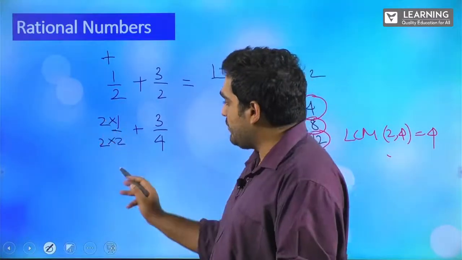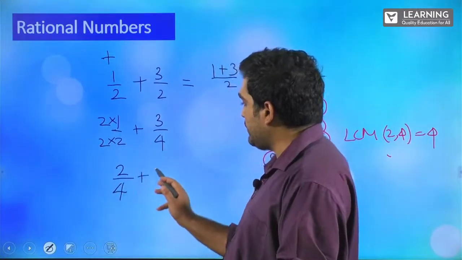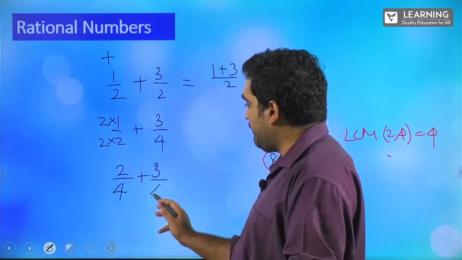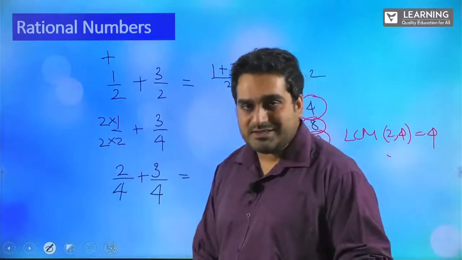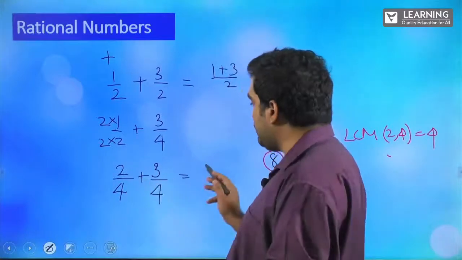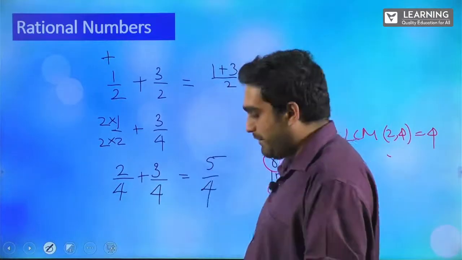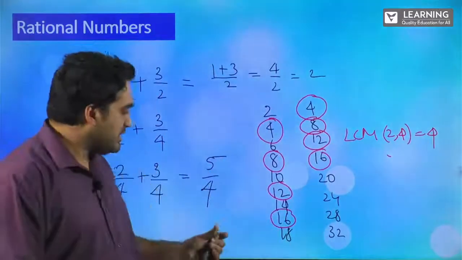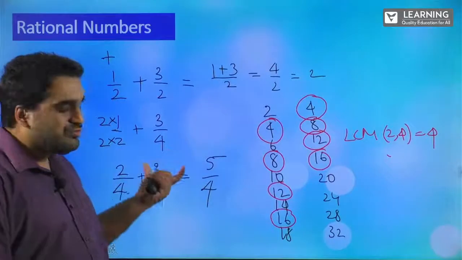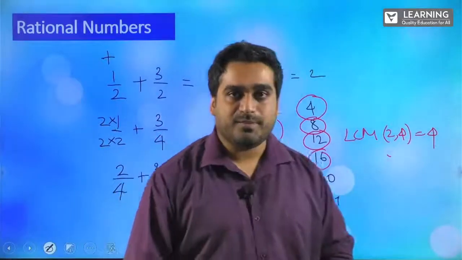So next, 2 by 4 plus 3 by 4, you have like fractions, meaning they have the same denominator. You add the numerators, which gives 5 by 4. So this is how you add two such rational numbers using LCM.